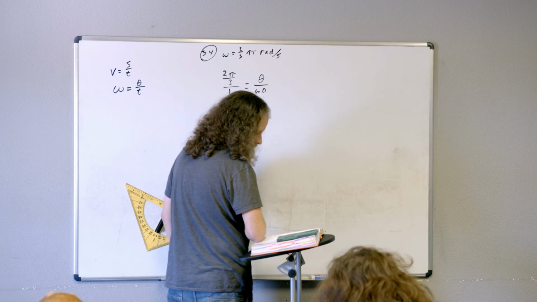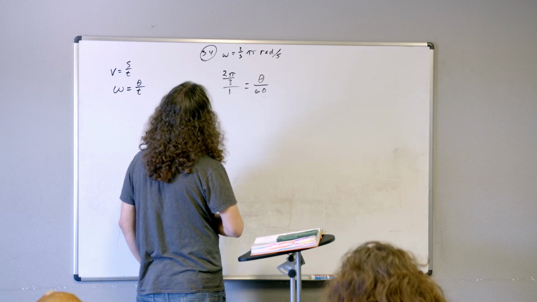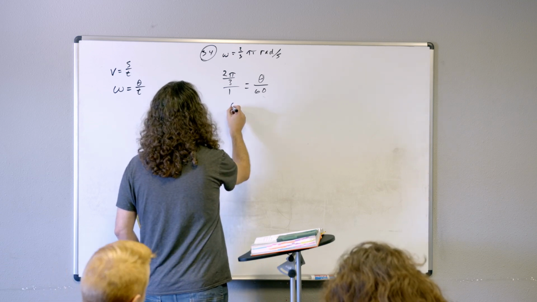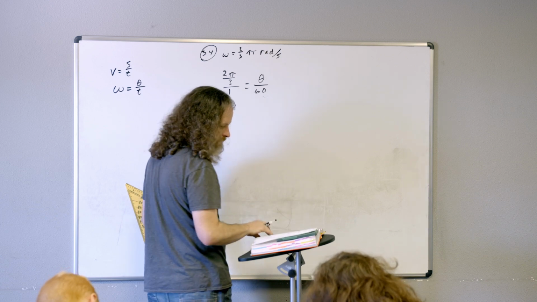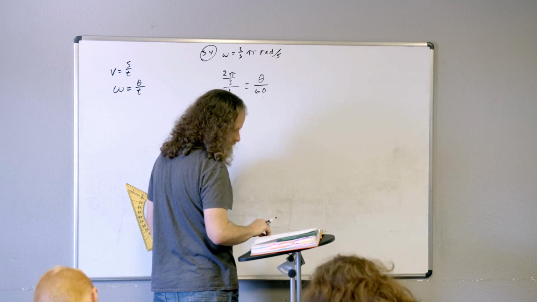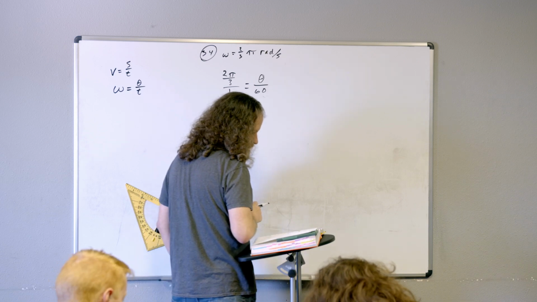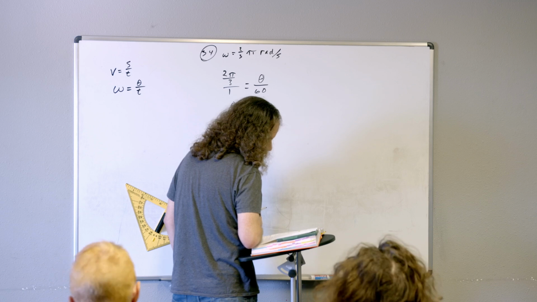So it's 125.66 radians per minute. Did you just look at it in the calculator?